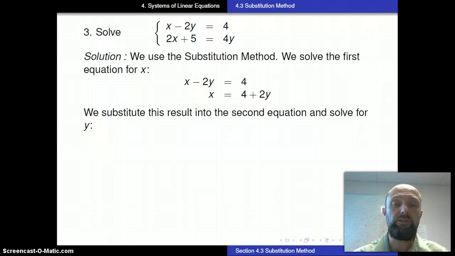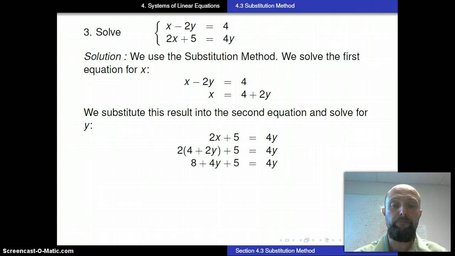We substitute this result into the second equation and solve for y. So 2x plus 5 is 4y. We replace x by 4 plus 2y.